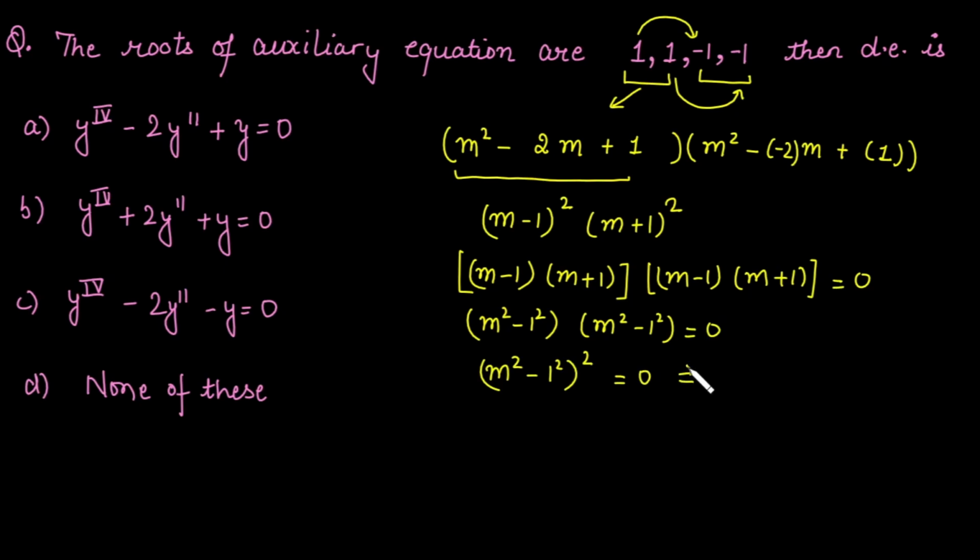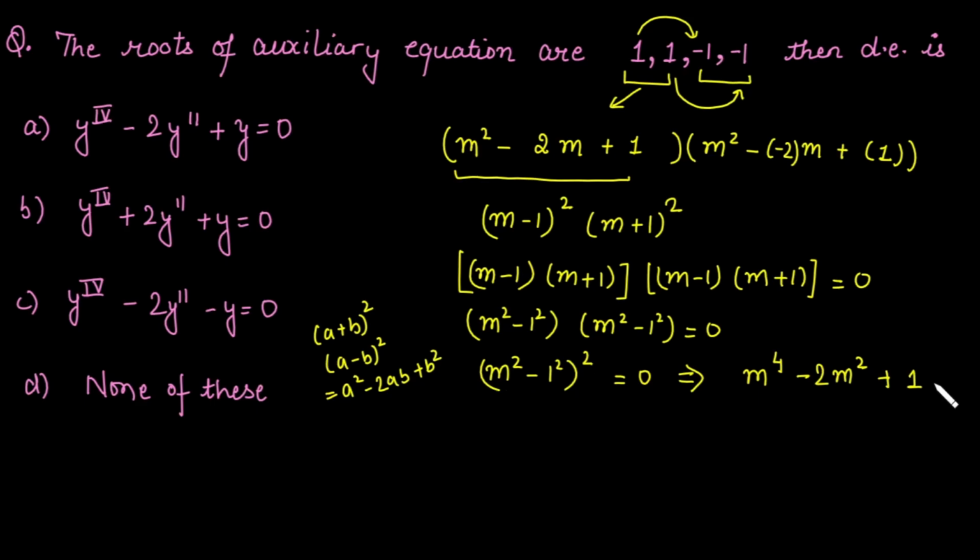So this implies m raised to power 4, because square of this term, minus twice of m square plus 1 square. You can expand in this form, a plus b whole square or a minus b whole square, that is equal to a square minus 2ab plus b square. Apply this formula over here.